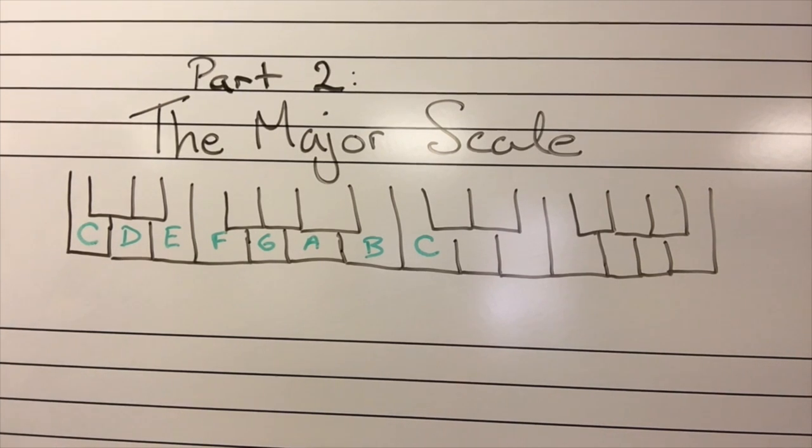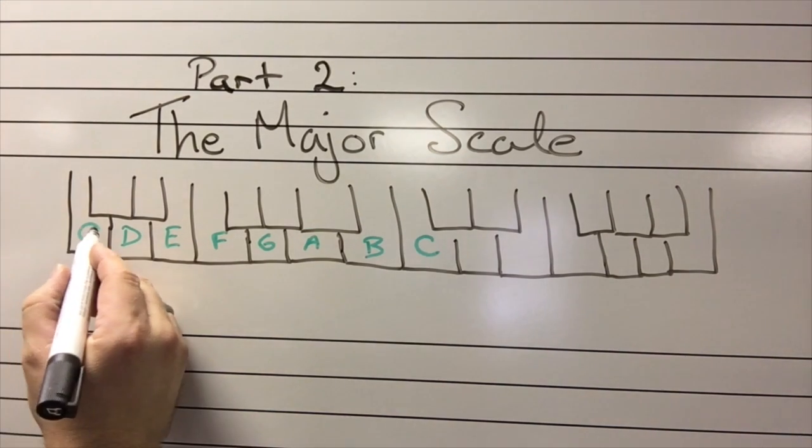Were I to play it on a guitar, it would sound like this. C, D, E, F, G, A, B, C. Now you'll notice that there is a pattern with steps.